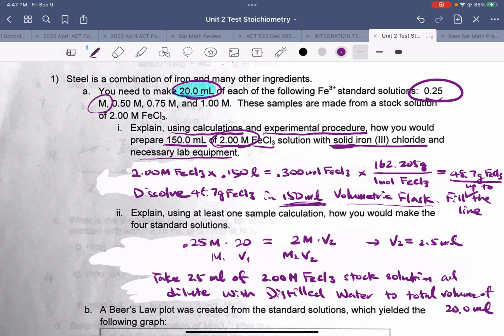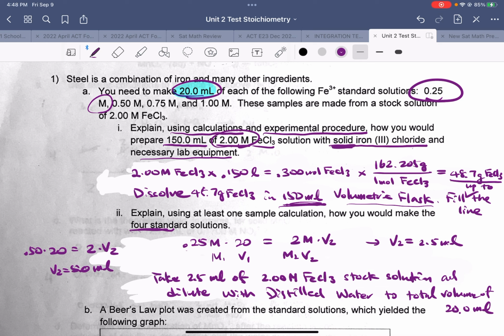Now it said, how would you make the other 4 standards? So you need to find out how much of the 2 molarity stock you need for each one. For the next one, instead of 0.25, you do 0.50 times 20 equals 2 molarity times V2, and then V2 is 5.0 milliliters.